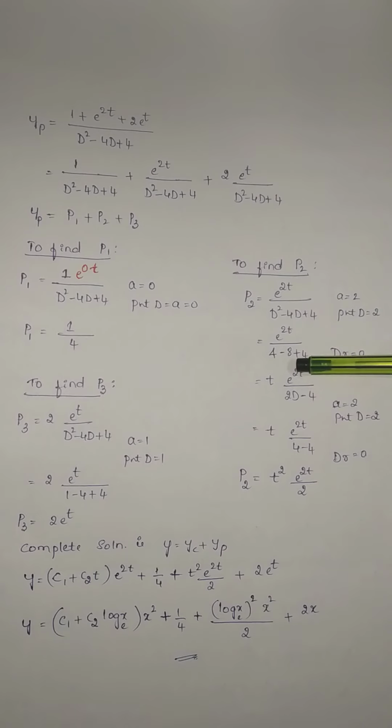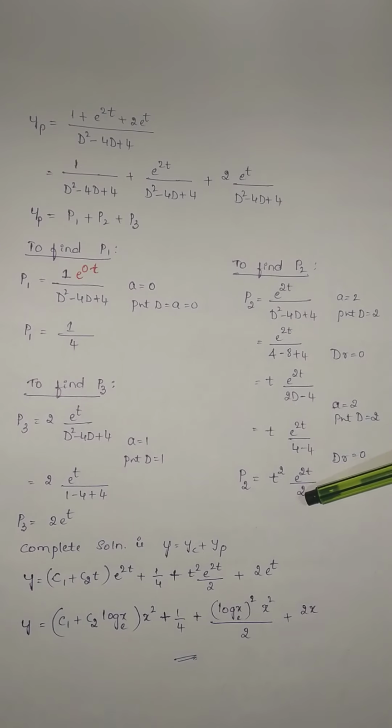Again identifying a and substituting D = 2 in the denominator, you again get 4 − 4 = 0, meaning the denominator is 0. So take one more pre-multiplier, t becomes t², e^(2t) as it is, and differentiate 2D − 4 again, which gives 2. So P2 = t² e^(2t) / 2.